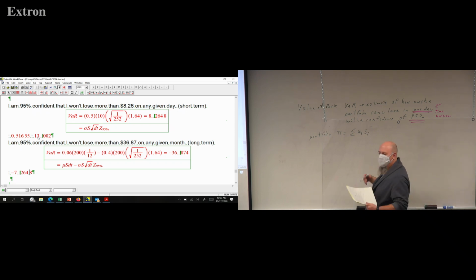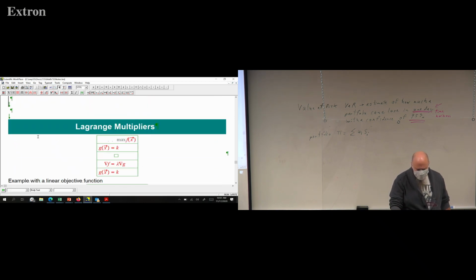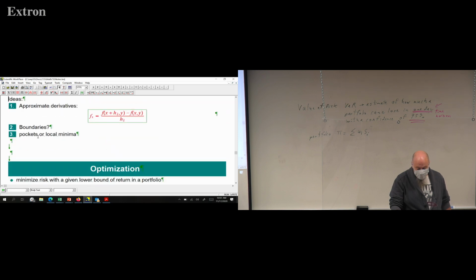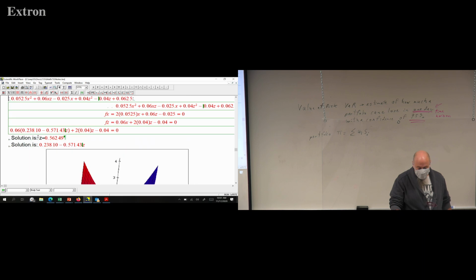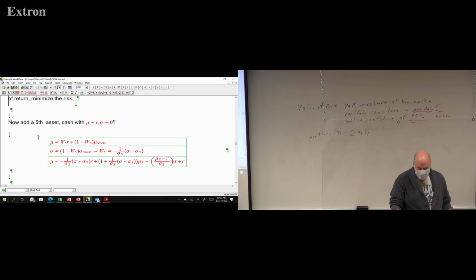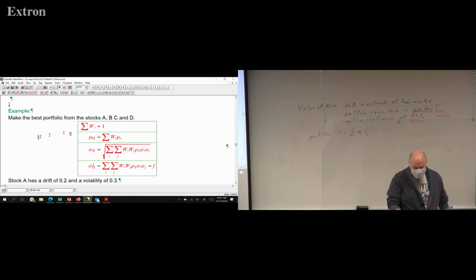Because if I have a portfolio of stocks with the weights, then think about these formulas that are way up here.